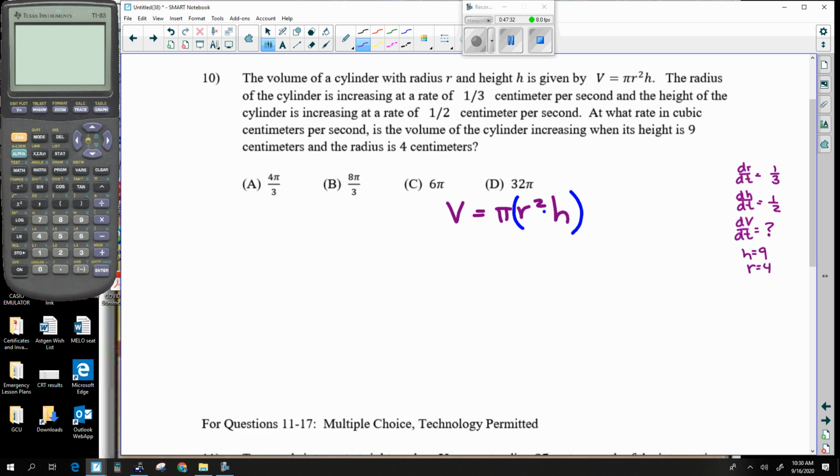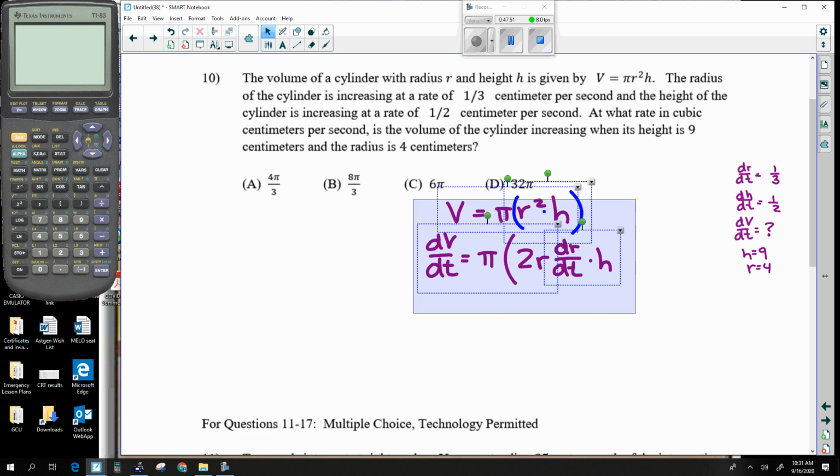So here we go. Derivative with respect to time is equal to pi. The r squared, so that's 2r. So I'm taking the derivative of r, so that's dr/dt, and then times h. So I take the derivative of the first, leave the second alone.